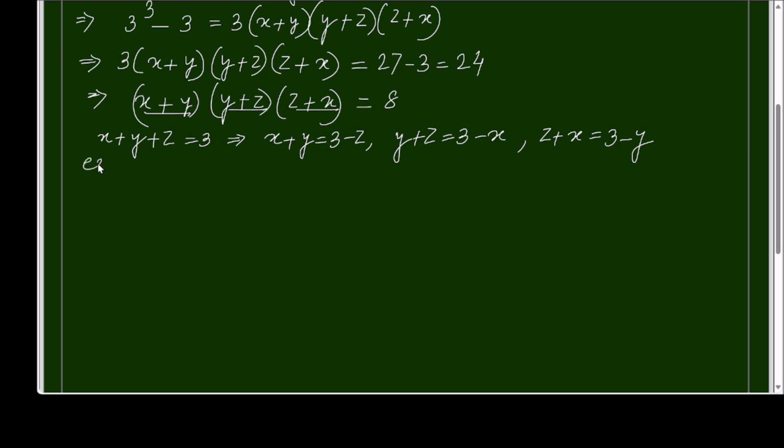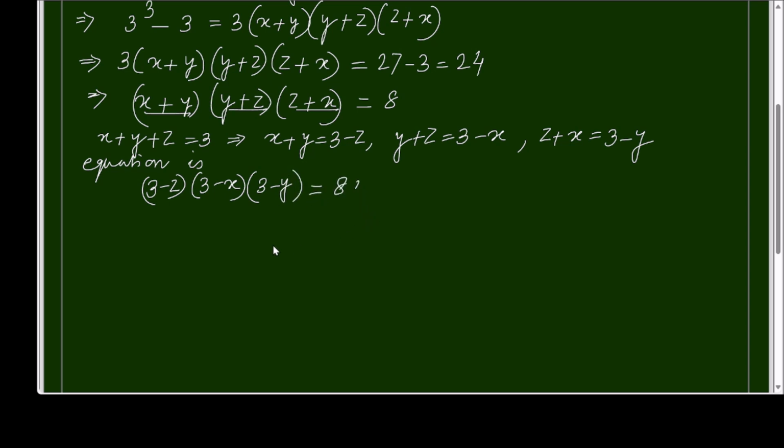So the equation becomes (3 minus z)(3 minus x)(3 minus y) equals 8.